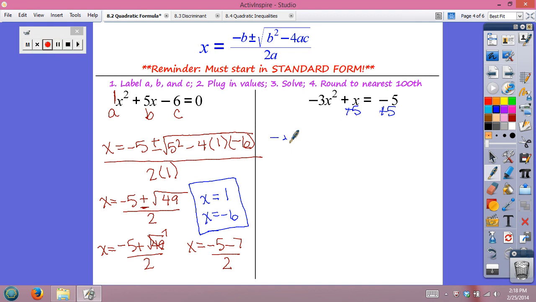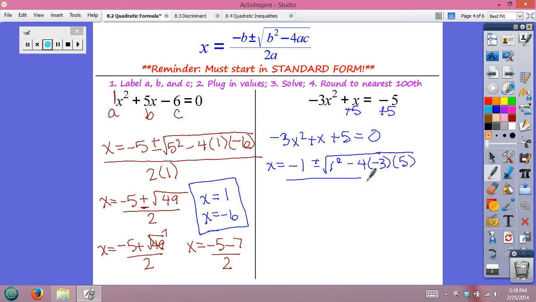We get negative 3x squared plus x plus 5 equals 0. Next thing we want to do is plug in our numbers into our formula. x equals negative b plus or minus the square root of b squared minus 4ac, with a equals negative 3 and c equals 5, all over 2a, which is again negative 3.